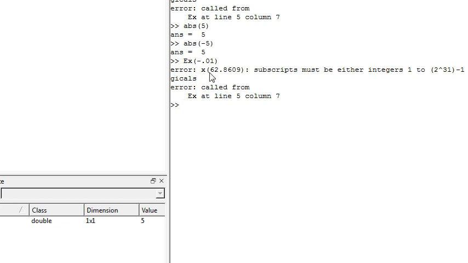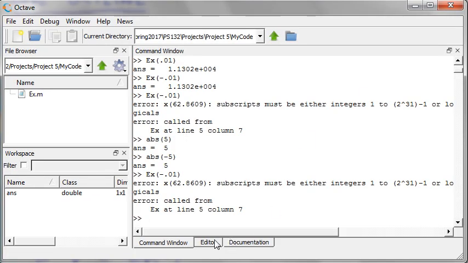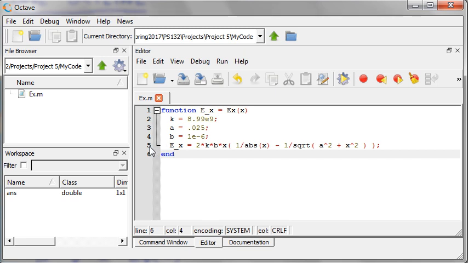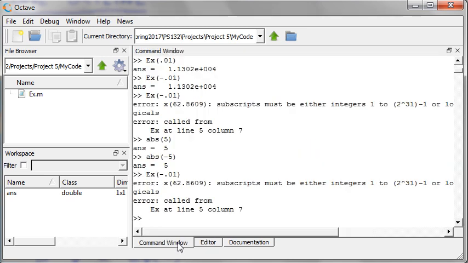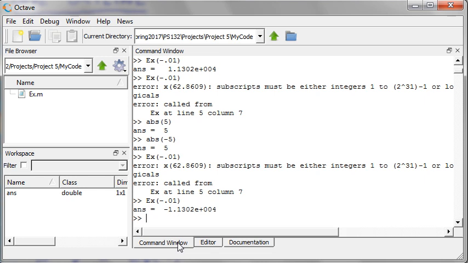X of 62, it seems to be saying, in column 5. Well, in row 5. So I left off the times. Alright, save it. Try running it again.